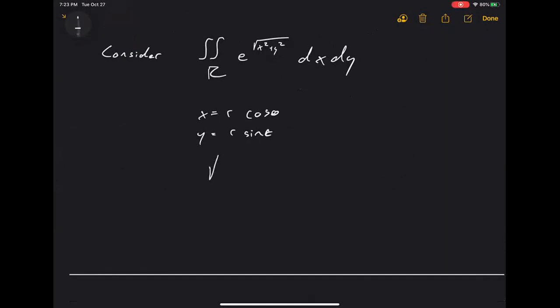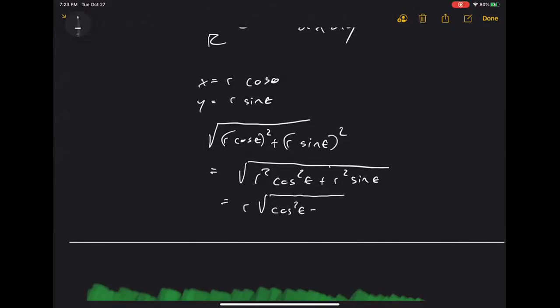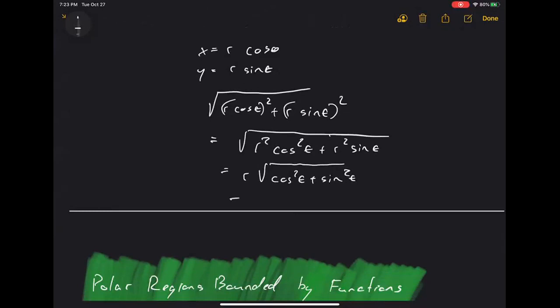Well, I would have the square root of r cosine theta squared plus r sine theta squared, which becomes r squared cosine squared theta plus r squared sine squared theta. I factor out an r squared, bringing out the square root. I use the trig identity, cosine squared plus sine squared equals 1, and I just end up with r.